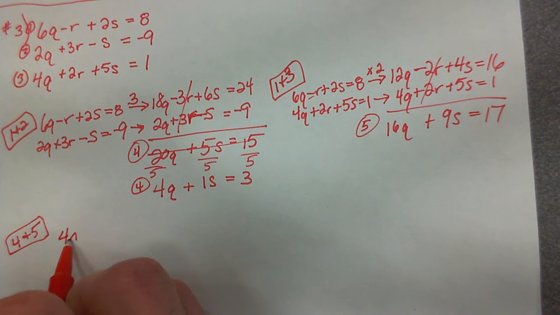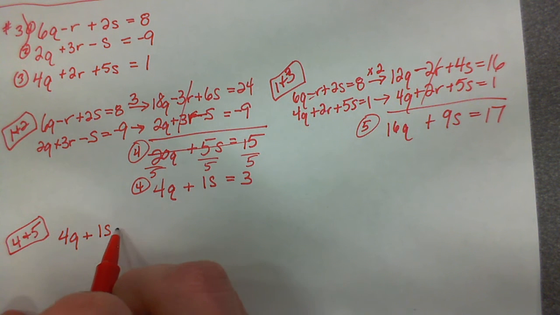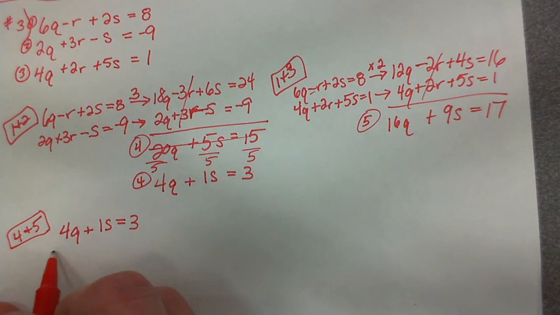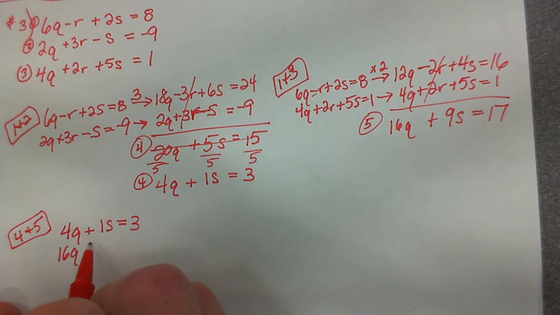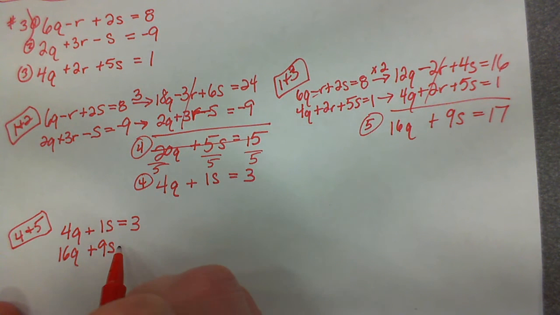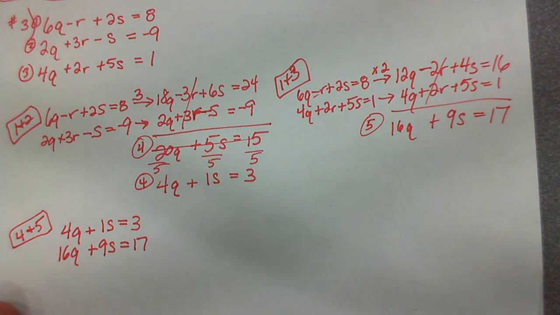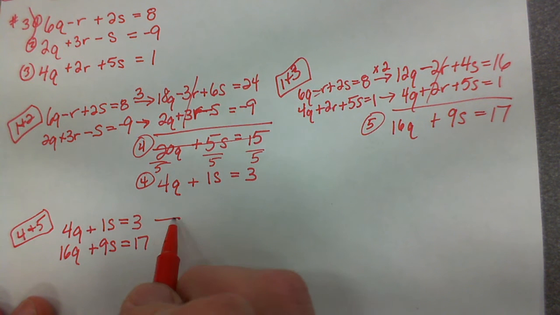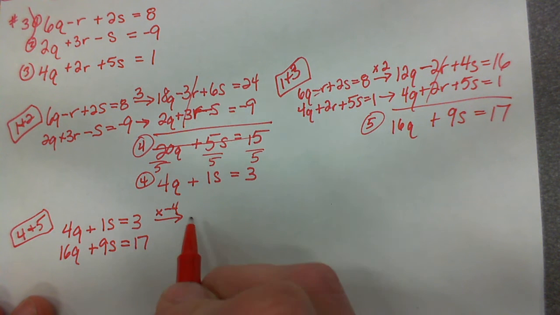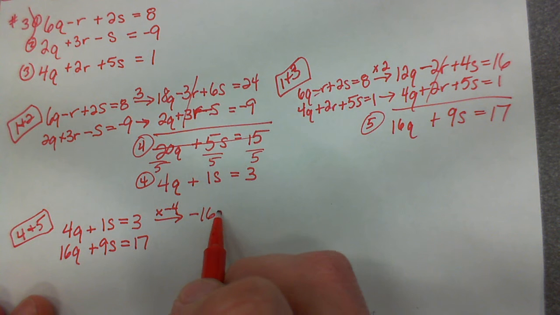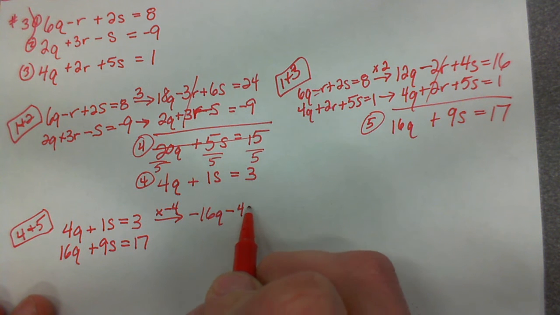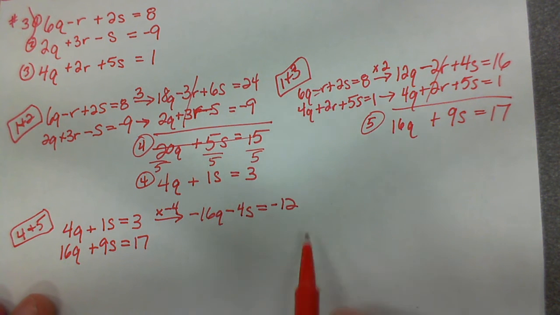So we've got 4q plus 1s equals 3. And 16q plus 9s equals 17. And we're going to multiply this one through by negative 4. So this is negative 16q minus 4s equals negative 12.